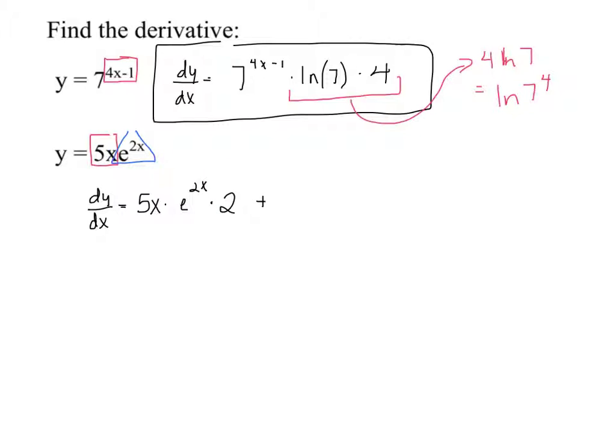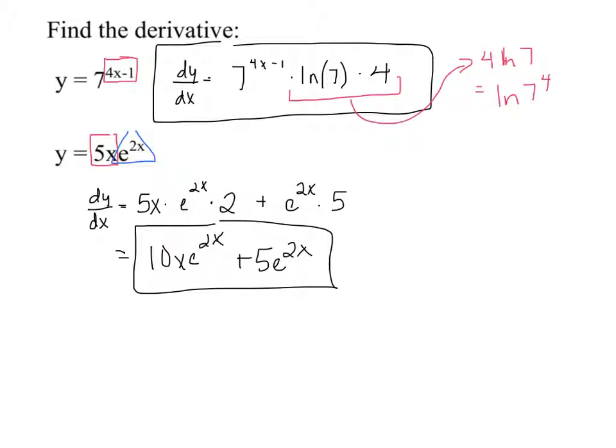Plus second multiplied by the derivative of the first, which is just 5. I could clean this up a little bit. We'll have 10x e to the 2x plus 5 e to the 2x, and that's our derivative.